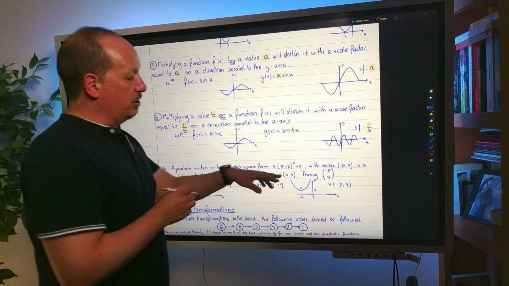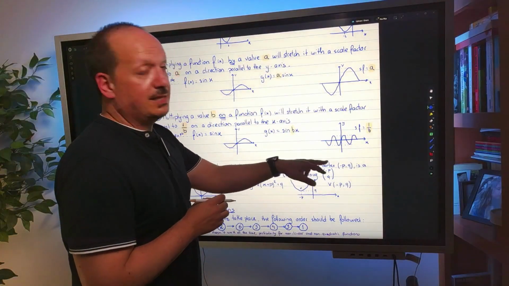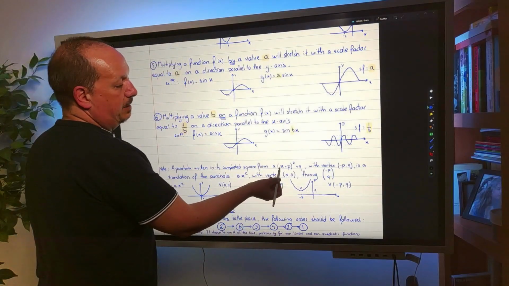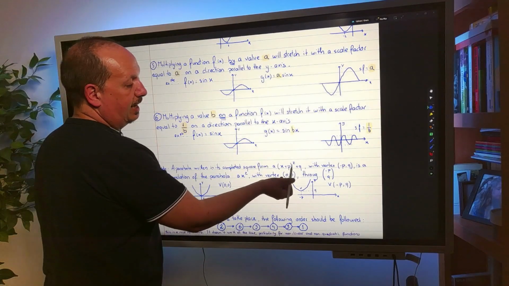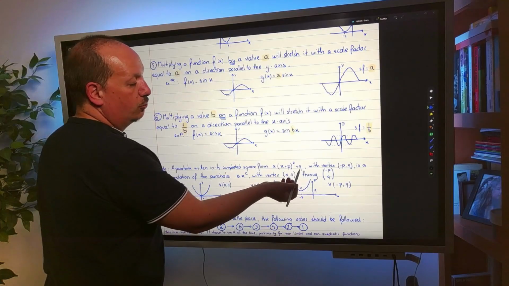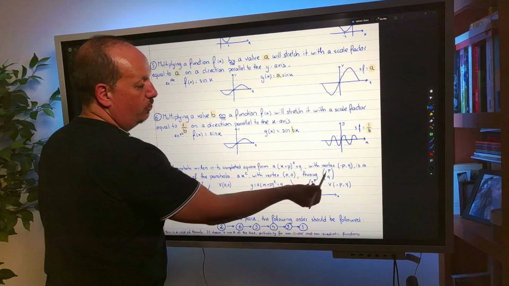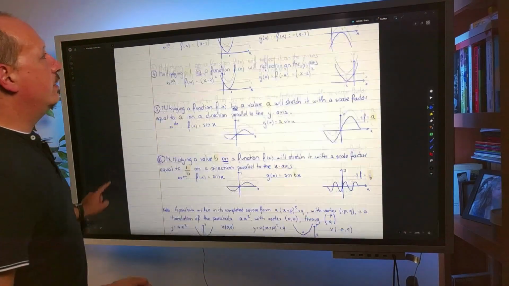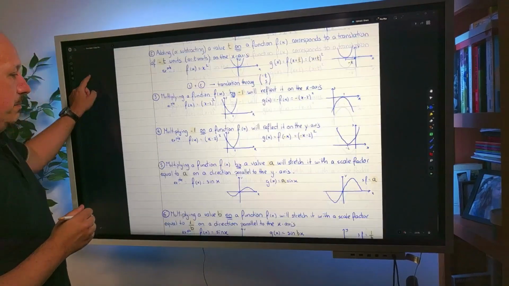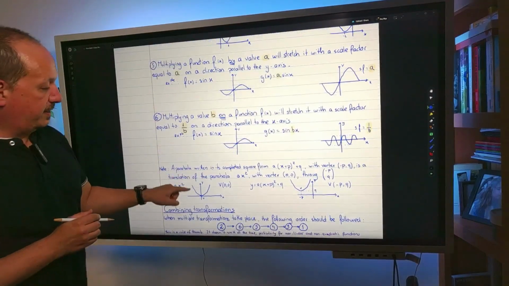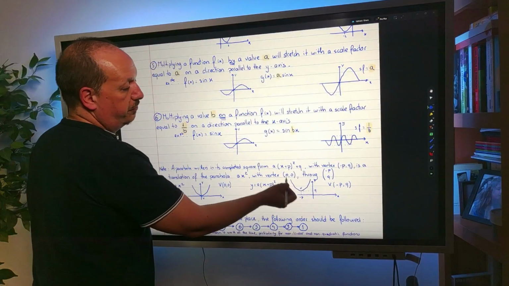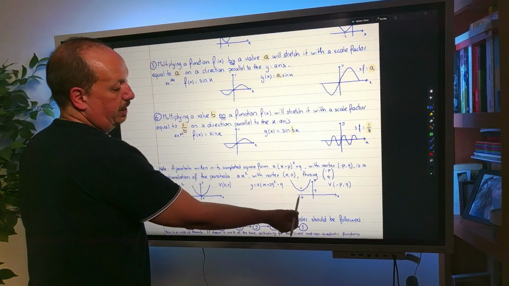It's going to be a translation of this parabola through this factor. Look at what happens. You are adding p on the function and adding q to the function. So minus p, q is going to be the translation vector that you will have, meaning that this original function, the ax squared, is now going to be shifted over here with the translation vector minus p, q.